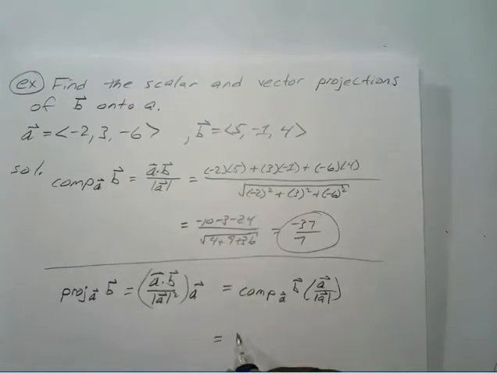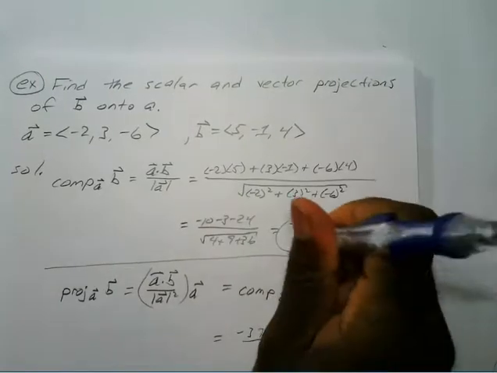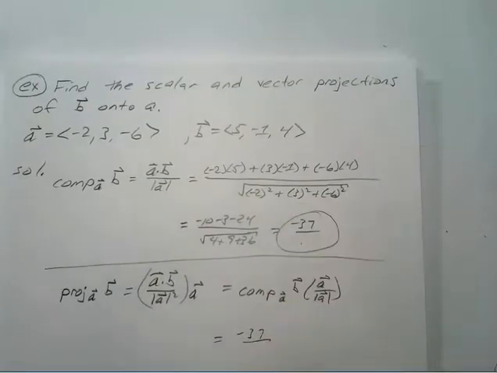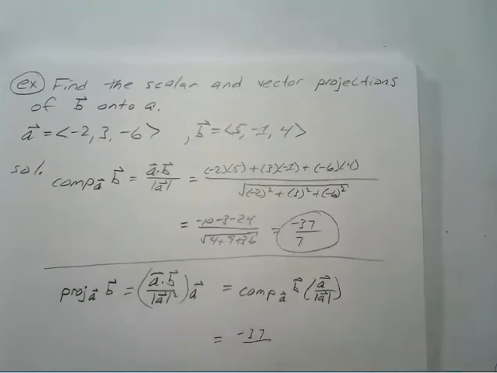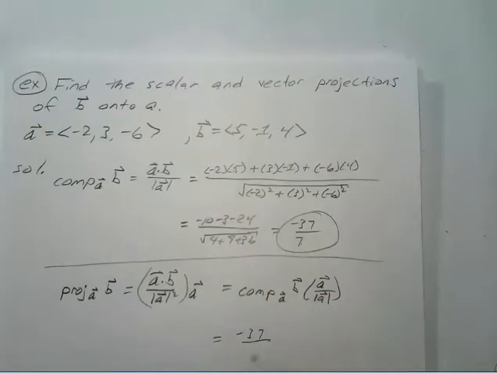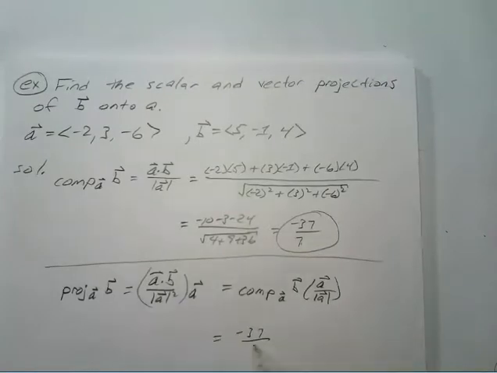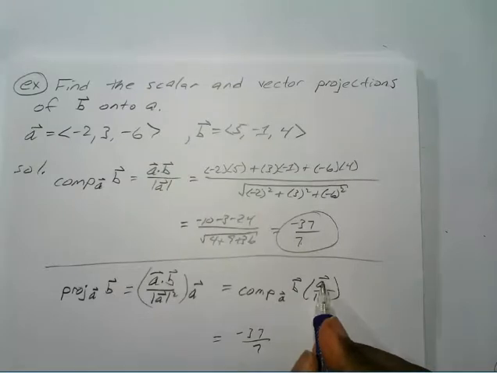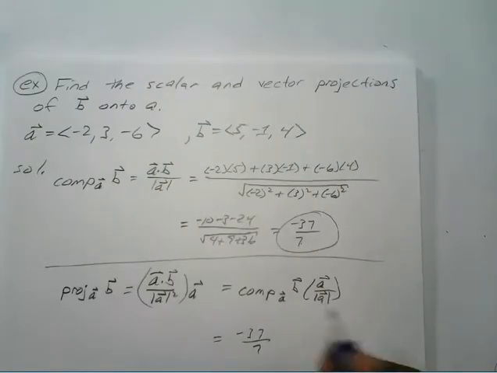So that's going to equal -37 over 7, times our vector A over the magnitude of A.